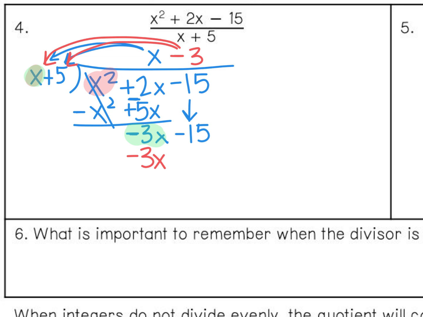But I also do have to do my negative 3 times positive 5 is a negative 15. So we've divided, we've multiplied. Last step is subtract or change the sign. So these are negatives, they're going to become positives. They happen to both cancel. We do not have a remainder. So my quotient, my answer is x minus 3.